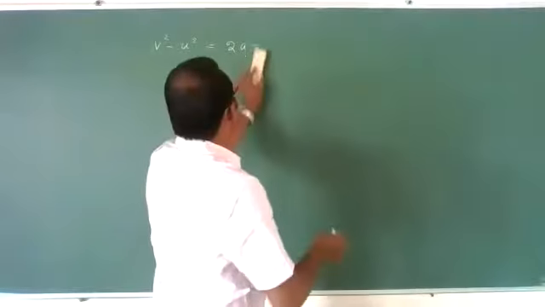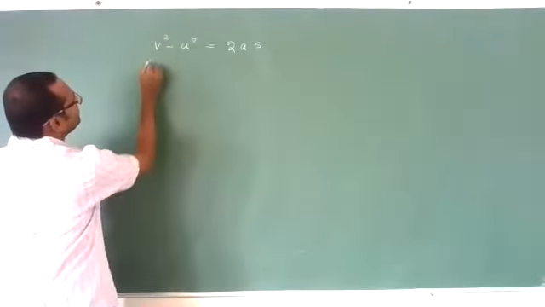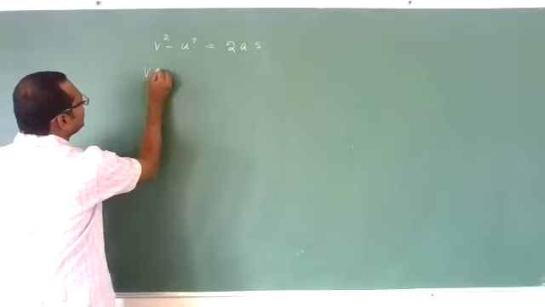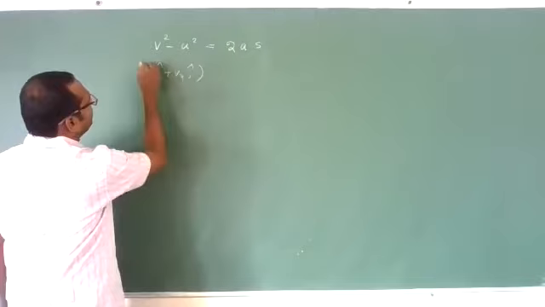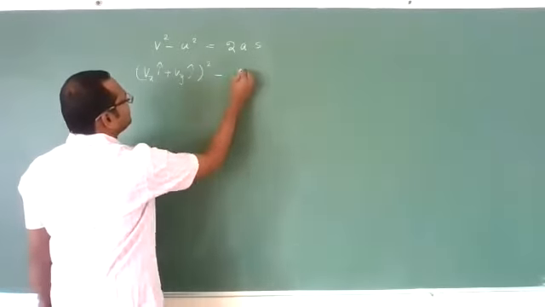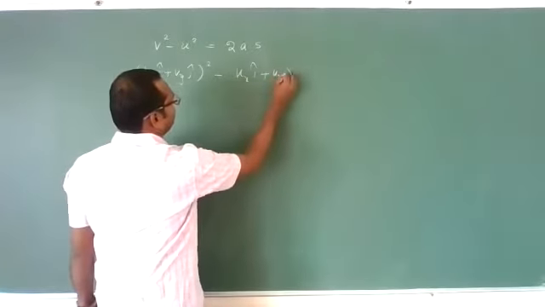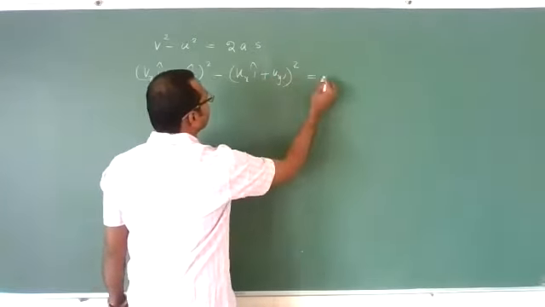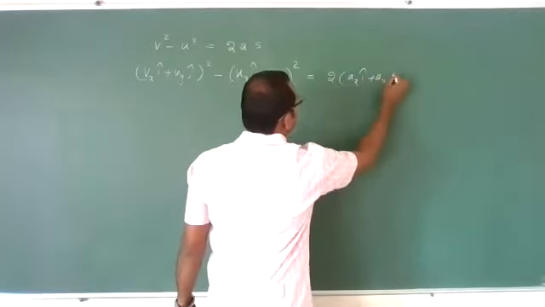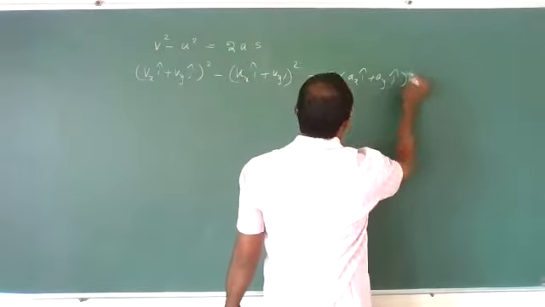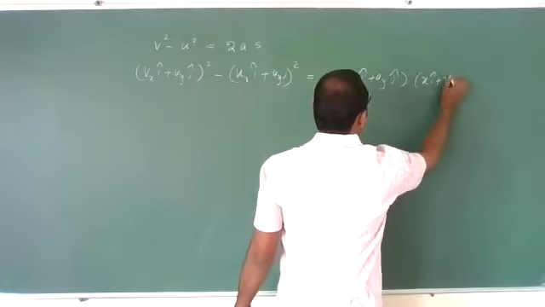In a plane, velocity can be written as vx i cap plus vy j cap, whole square, minus ux i cap plus uy j cap, whole square, is equal to 2 into ax i cap plus ay j cap into s, where s is nothing but the displacement, written as x i cap plus y j cap.